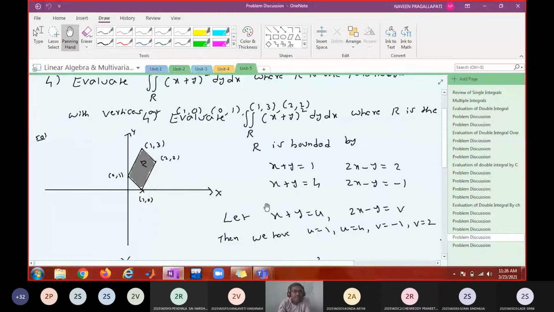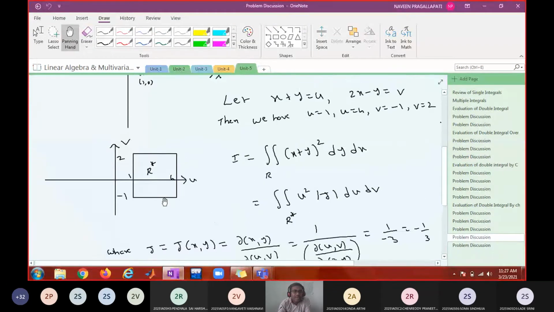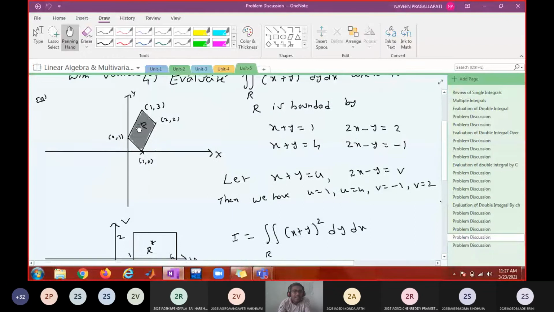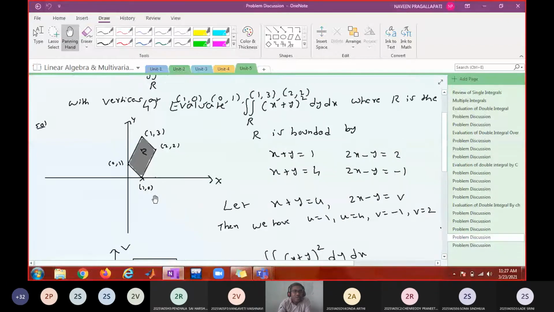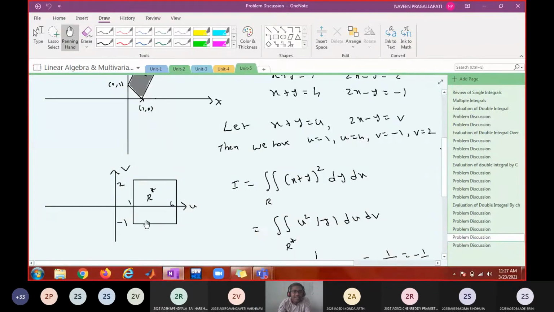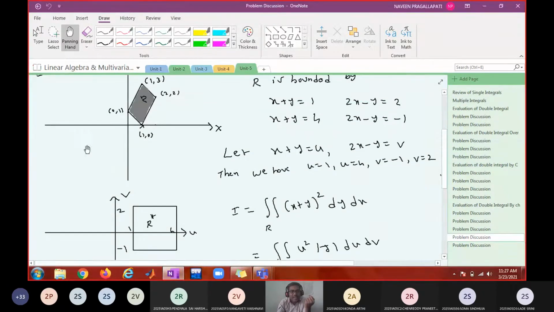On the UV coordinate system, we have done one problem. You need to shade this region also, like how I shaded the parallelogram region. In your notebook, shade this rectangular region also, because you are integrating over the rectangular region. Take a pencil, always have a pencil with you when you are doing problems on multiple integrals. After drawing the region of integration, shade it using the pencil.